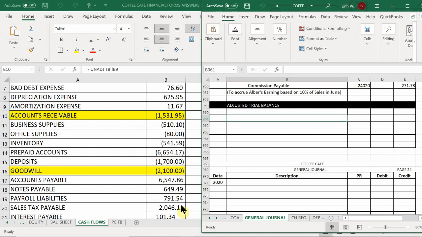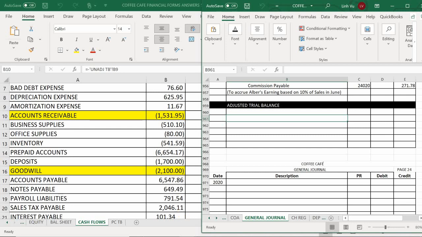So for step number 9, we're going to zero out all of our expenses and all of our income to the income summary. If that confused you, we're going to zero out all of our expenses and all of our revenues to the income summary.